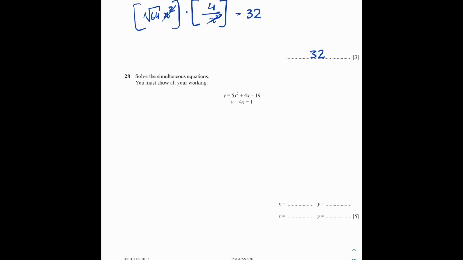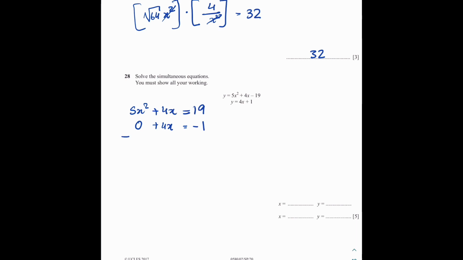Y is equal to 5x squared plus 4x minus 19, and y is equal to 4x plus 1. I like to ignore the y.